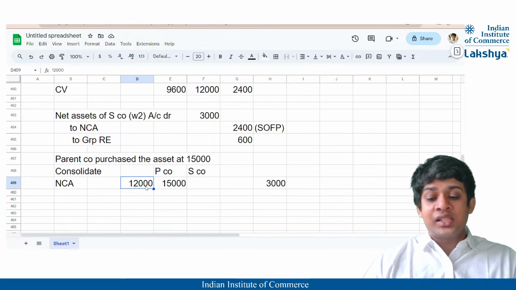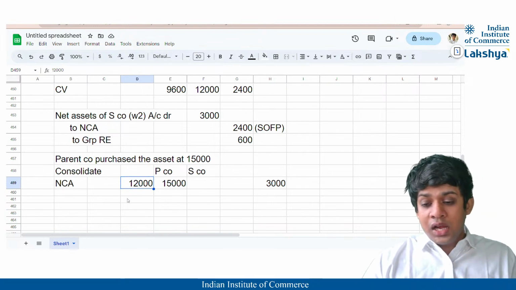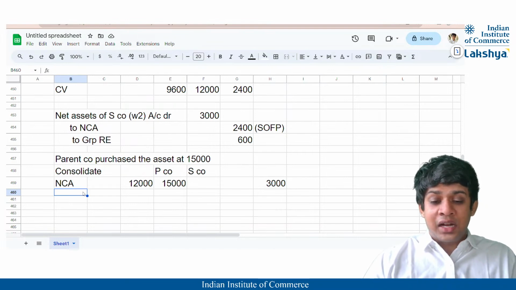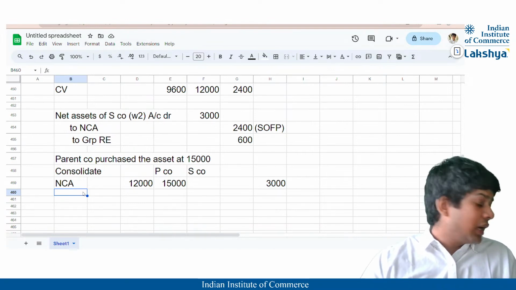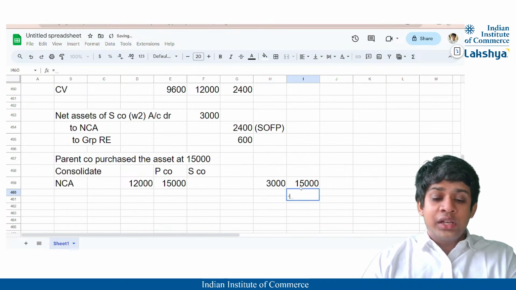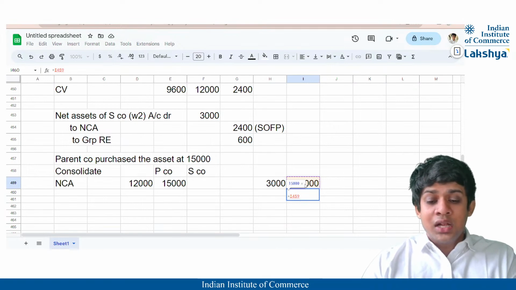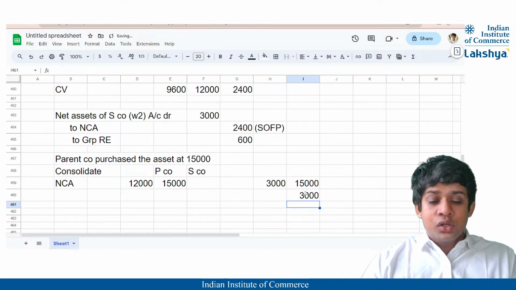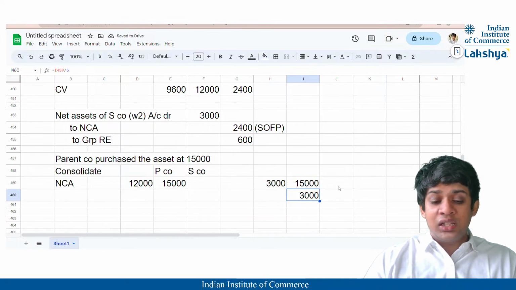But maybe the non-current asset was sold at the start of the year, and we are preparing our consolidated financial statements at the year end. Correct, guys? So that means for the year, if the parent company has purchased it at 15,000, the parent company might have also charged depreciation on that 15,000. That is 15,000 divided by 5 years, right? So they must have charged a depreciation of 3,000.